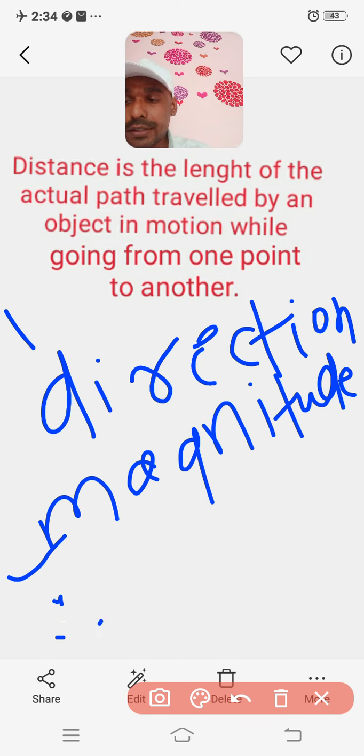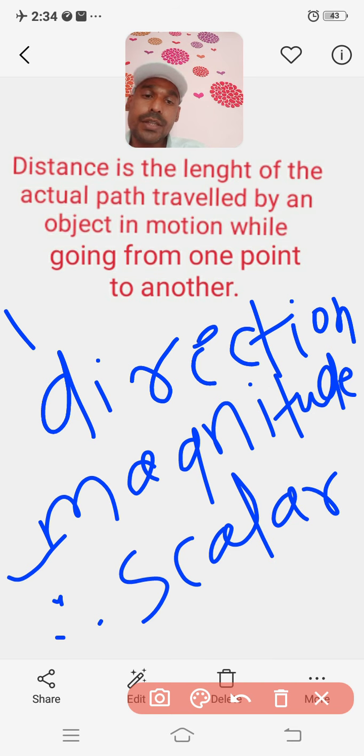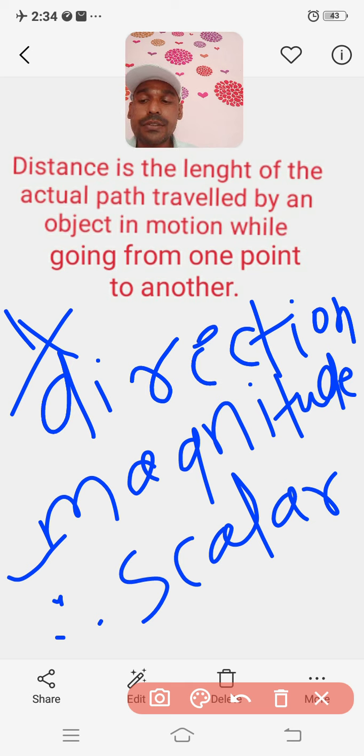Therefore, distance is a scalar quantity. In the exam, they ask a question: why is distance a scalar quantity? This time we write the answer: distance does not have direction, but distance has a magnitude. Therefore, distance is a scalar quantity.